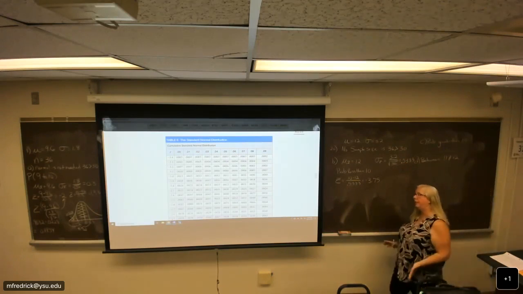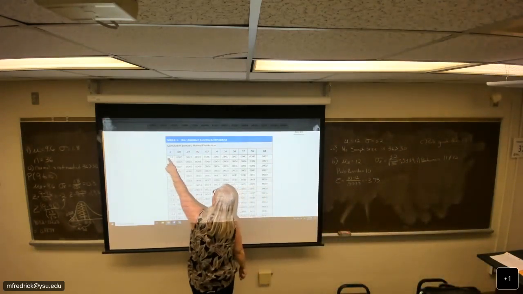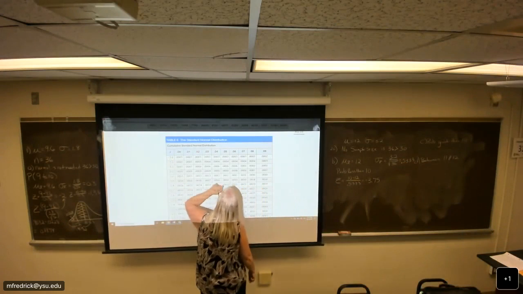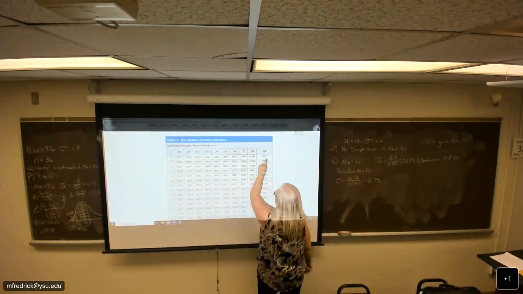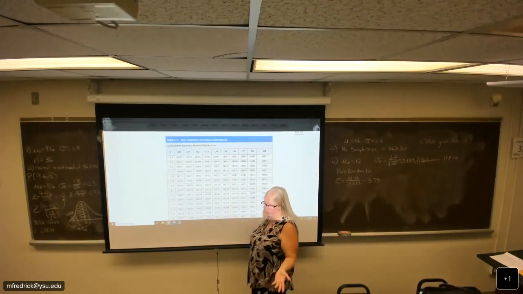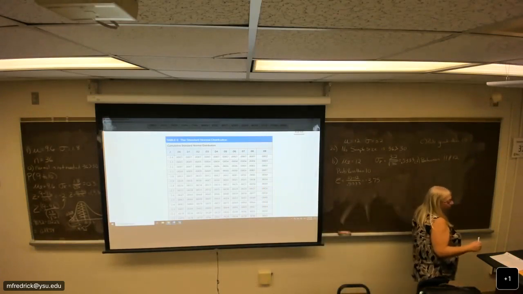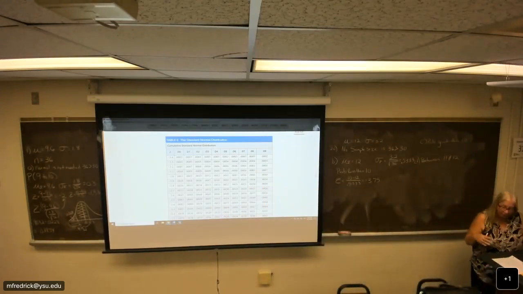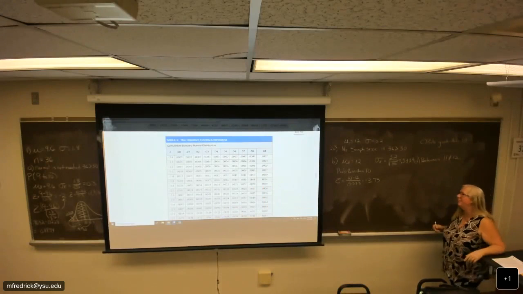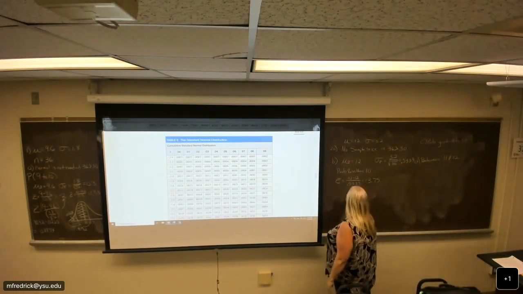Now, if you use the table, notice that it only goes to negative 3.49 because it rounds to 0 after. But I looked this up because I took this one from the book thinking I'd get better numbers, although this one's not the best number. So I would accept 0.